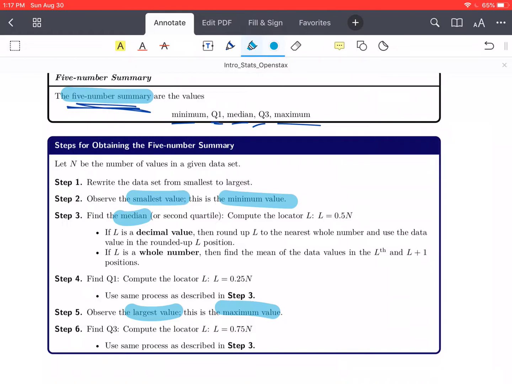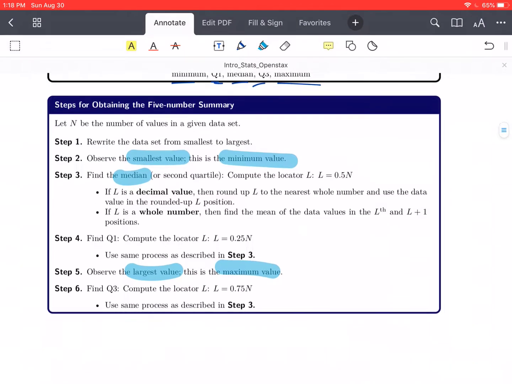You go right into the middle of the data set, that's your median. If there is no single number to let you find the median, then you need to take the average of the 2 middle numbers. And we'll see an example of that in just a second. And then you do that similarly for Q1 and Q3 by splitting those in half.